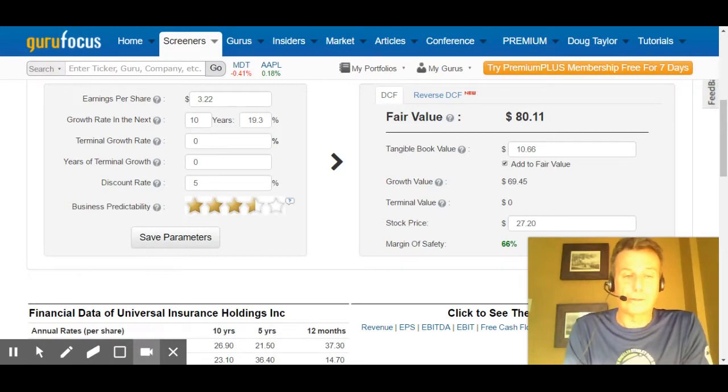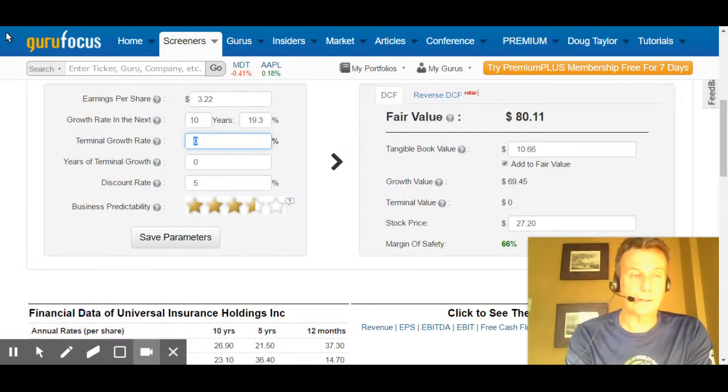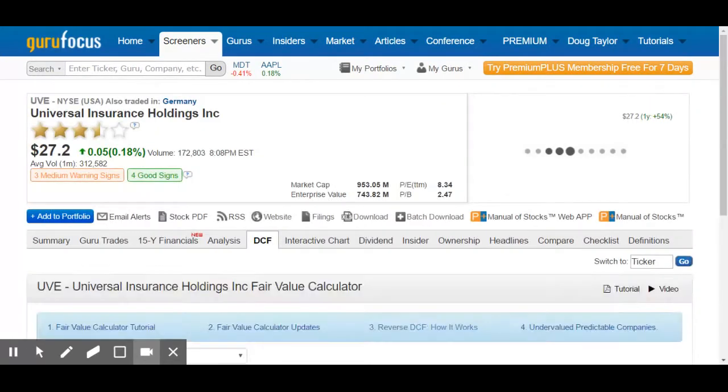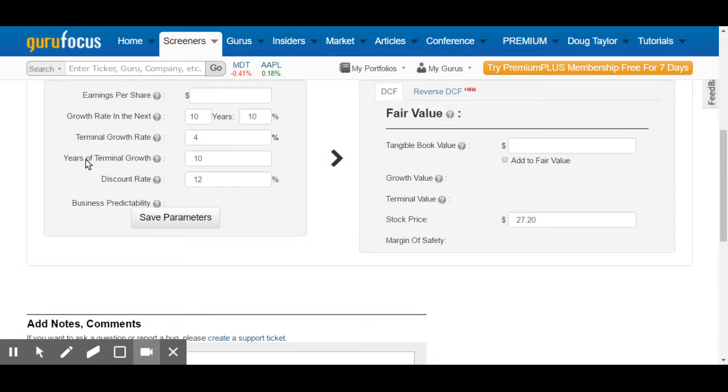It's got a terminal growth rate. I've put this in at 0, but it actually defaults, so I'm going to just refresh this. Anyways, it actually has a terminal growth rate of 4% usually. Here we go. And then the earnings are coming in.